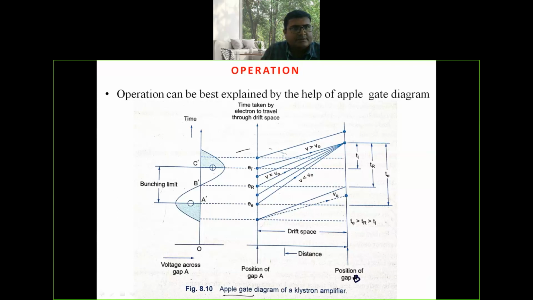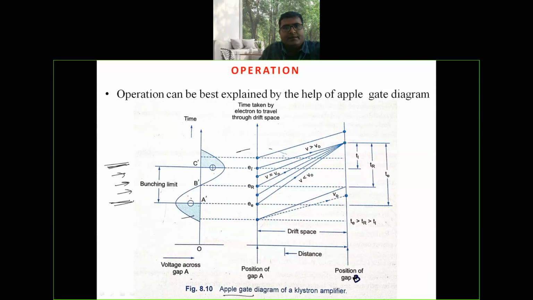You observe here, this is the position of electron gun where the electrons are generated and focused towards the collector. Now here, what is happening inside? How is the amplification taking place?